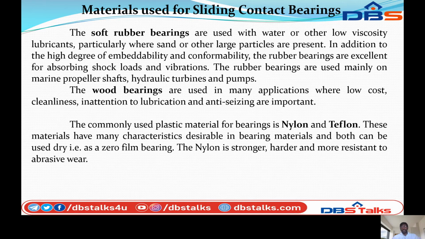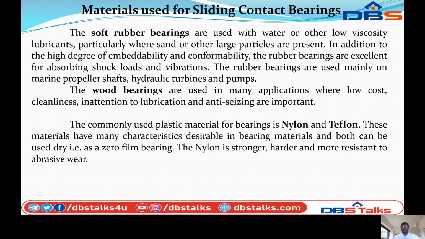So coming to the rubber bearings, compared to the other lubricants, water is used with the soft rubber bearing. In addition to the high degree of embeddability and compatibility, the rubber bearings are excellent for absorbing shock loads and vibrations.